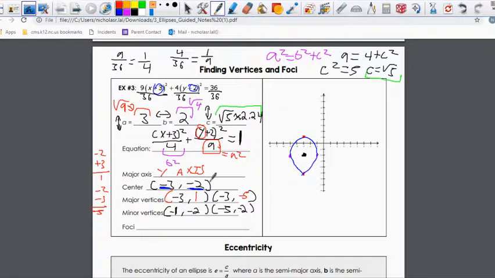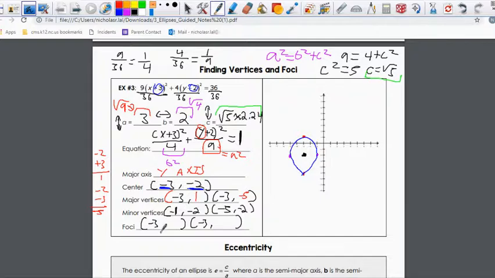Last part is the foci. The foci land on the major axis. So because the major axis is the y-axis, we're going to be moving on the y-axis. So we're going to still be locked in at negative 3 as our x-coordinates. All right. And we're going to be moving plus and minus 2.24.